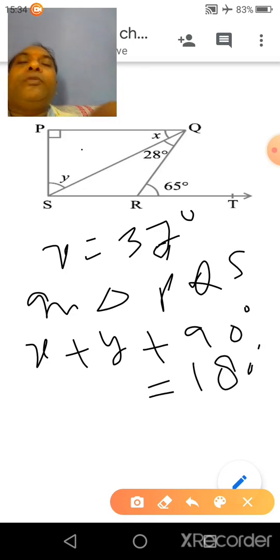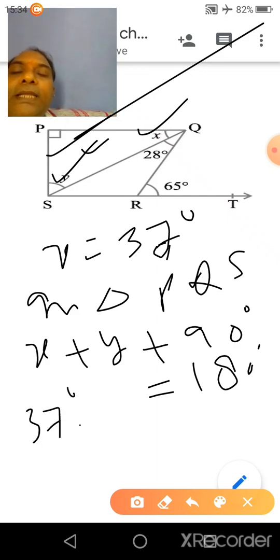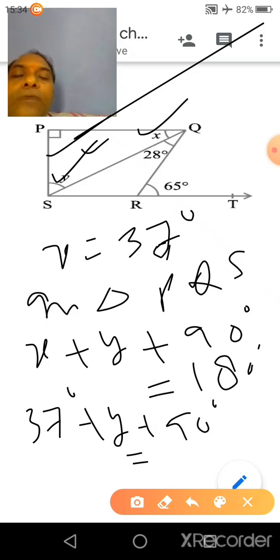Angle sum property of triangle, x plus y plus 90 is equal to 180 degree. Clear? So put the value of x, 37 degree plus y plus 90 degree is equal to 180 degree.